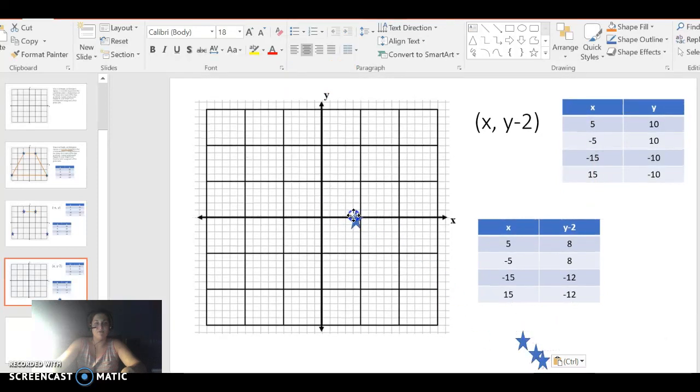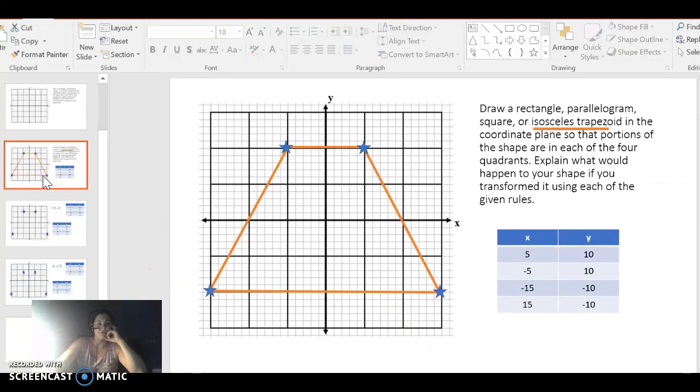So 5, 8, -5, 8, -15, -12, and 15, -12. So what happened to the shape now?